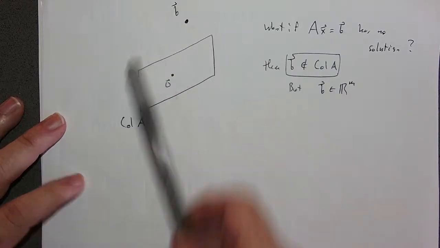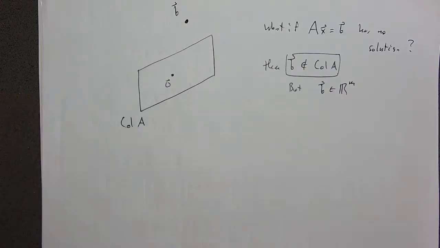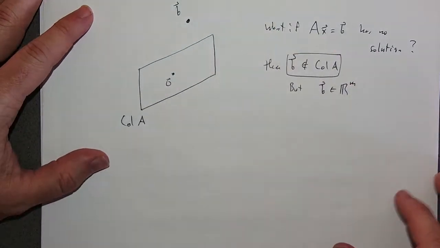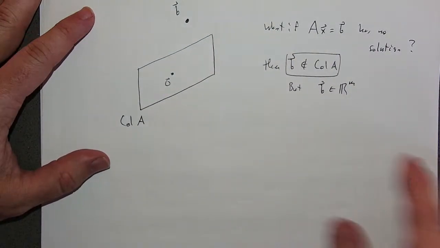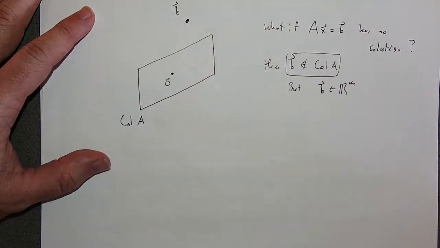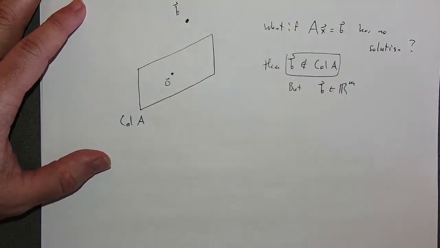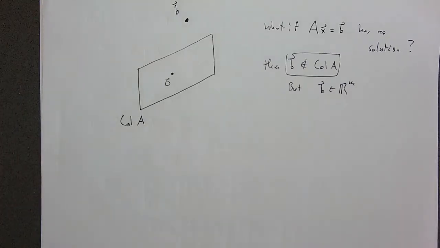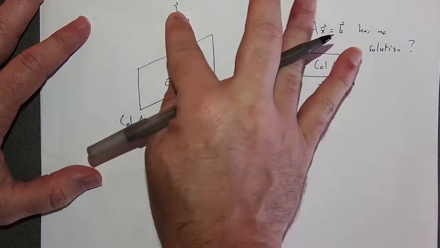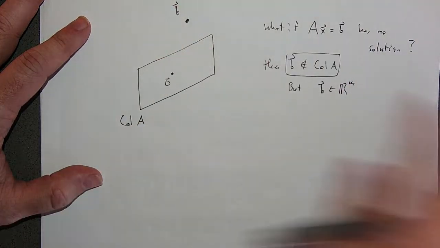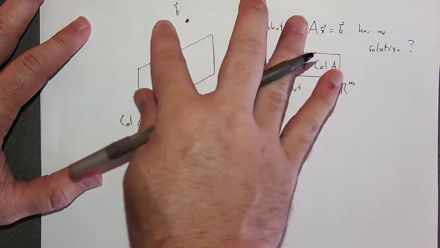Again, I'm drawing a plane on a 2D page, so you might say, oh, it's just off the edge in this direction. No, it's above it. We'll see. Here, I'll add some perspective in a second. And the question is, how do I find, not b, I know what b is. I'm given that thing.